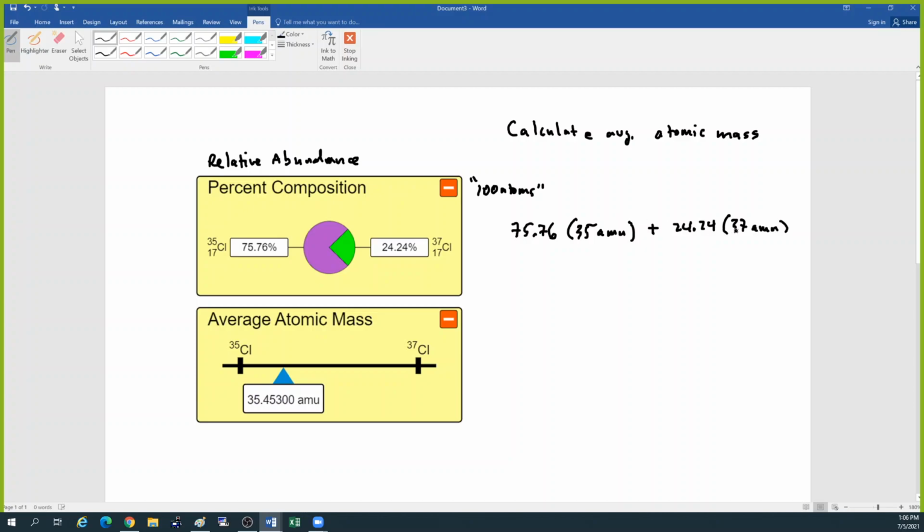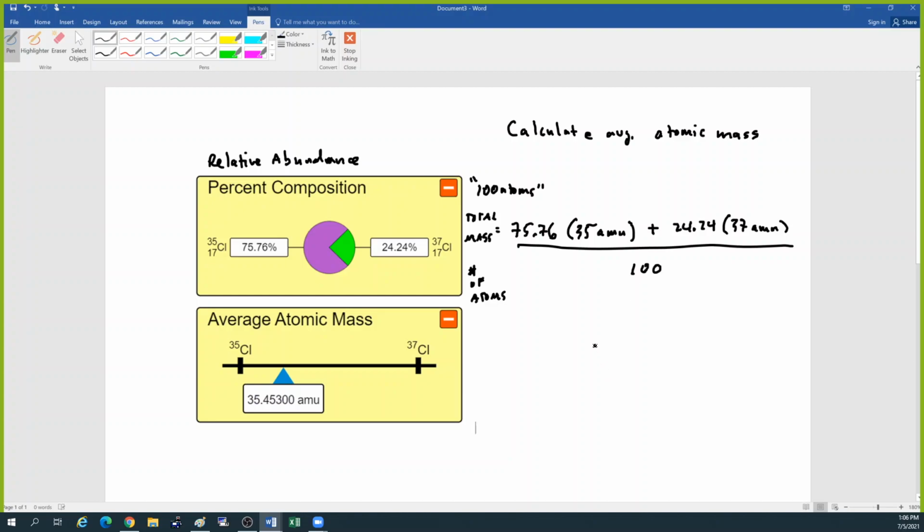And so this would represent the total mass, right? They came from all of it. But if I want the average, I have to divide by how many atoms, which I assumed for the purposes of this calculation is 100 atoms. So I'm just going to divide this by 100.